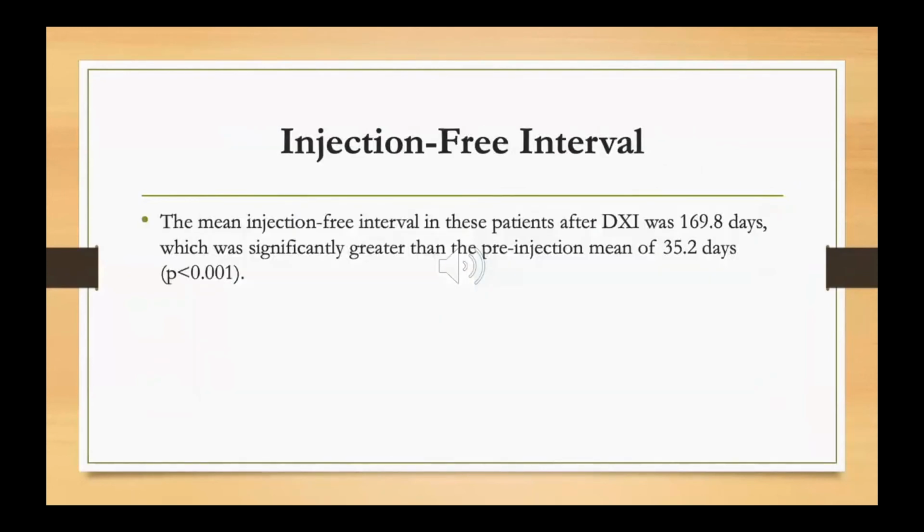The mean injection-free interval in these patients after dexamethasone implant was 169.8 days, which was significantly greater than the pre-injection interval of 35.2 days.